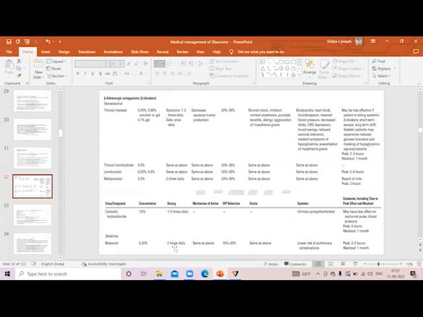Sometimes betaxolol is available, but in small numbers. Its peak effect is less, and its IOP reduction is also less compared to timolol, only 15 to 20%.